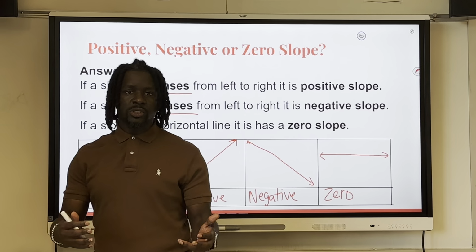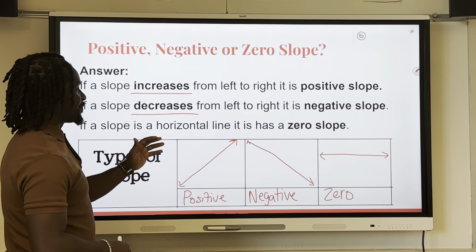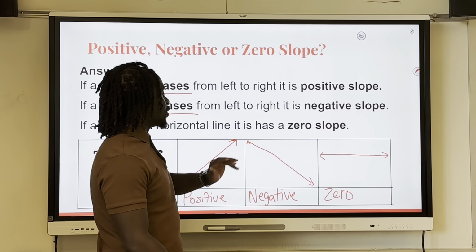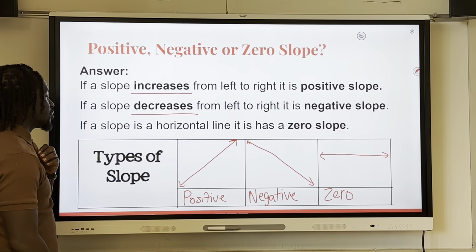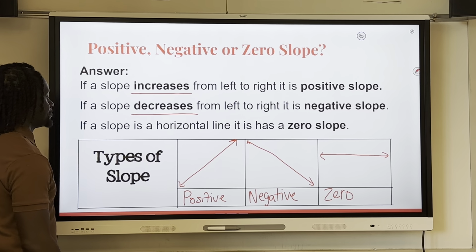There is one more type of slope, but you don't need to know what that is for this year. So those are the 3 types of slopes that you will see: positive, negative, or zero.